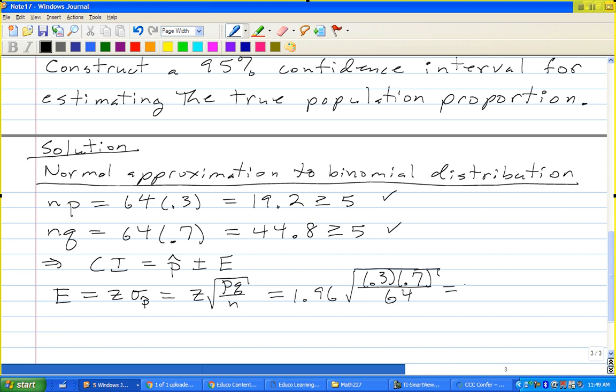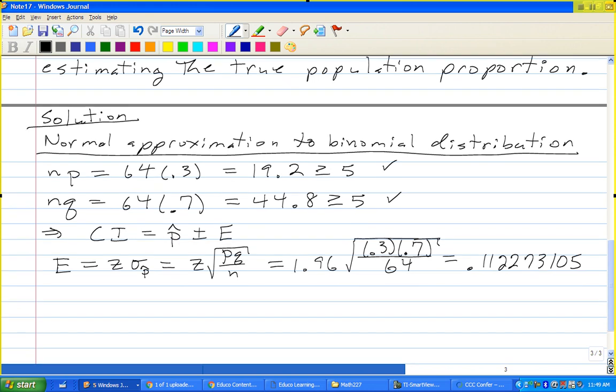And so if I plug that into my calculator, I get 0.112273105.